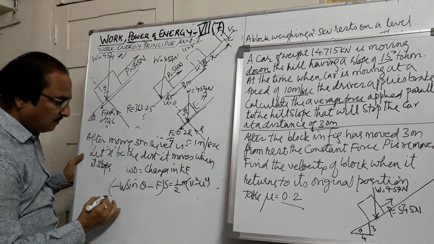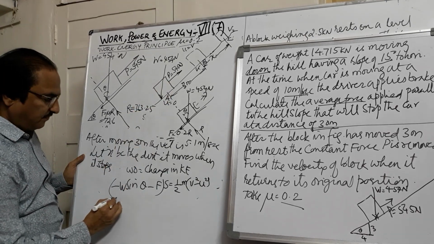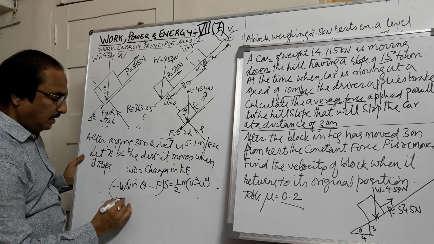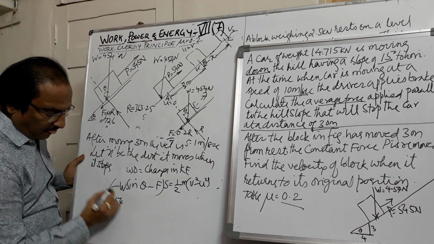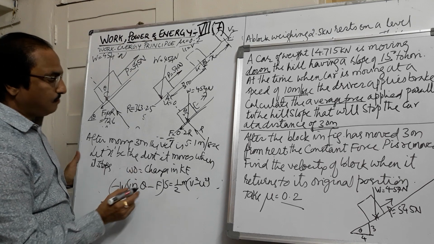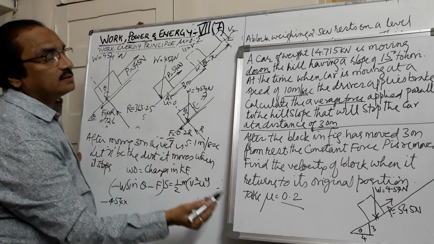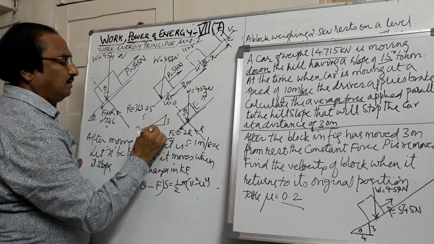So substituting the values here, minus W is here 454 into sin theta. The value of sin theta: 3, 4, 5.